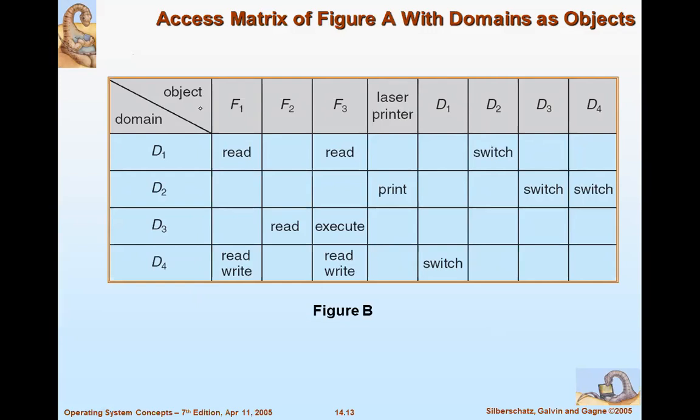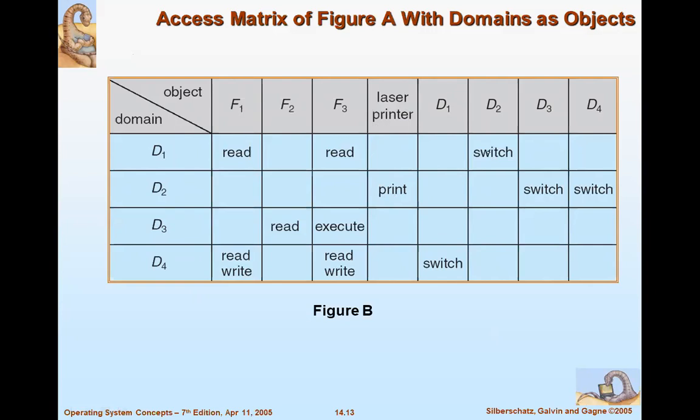We have again the same four objects, F1, F2, F3, and printer, and we have the same domains D1, D2, D3, and D4. And we almost have the same rights. You can only do printing in D2, print. But look at what they have written over here, that you can switch.